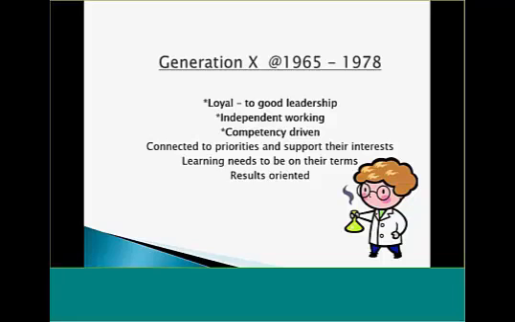And when we start dealing with students from this generation, we need to recognize and perhaps start appealing to their interests as far as why this class or why this assignment, whatever it might be that we recognize would help them be successful. How do we connect it to their interests and thus develop their competencies? Because learning needs to be done on their terms, and you need to be able to see and they need to be able to show results.